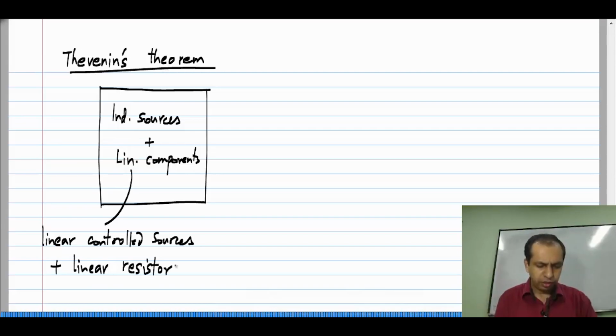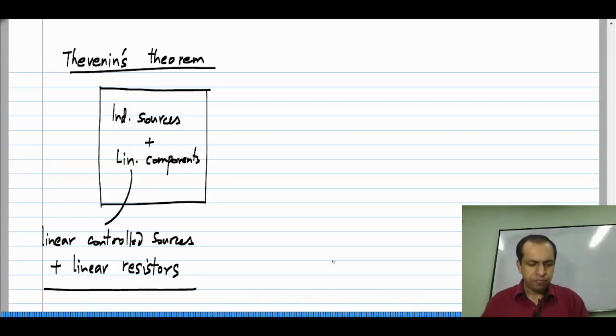Basically, the controlled sources and resistors we have considered so far. Now, one restriction is that the controlled sources be controlled by quantities inside this block. Let me call this N.